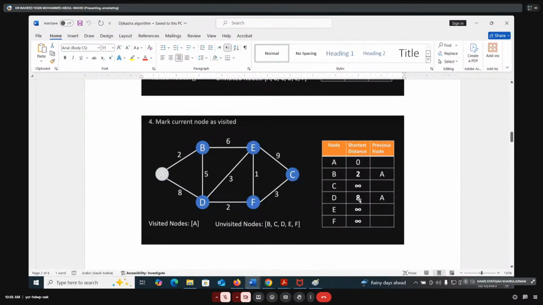For D, here is 8. Is 7 less than 8? Yes.